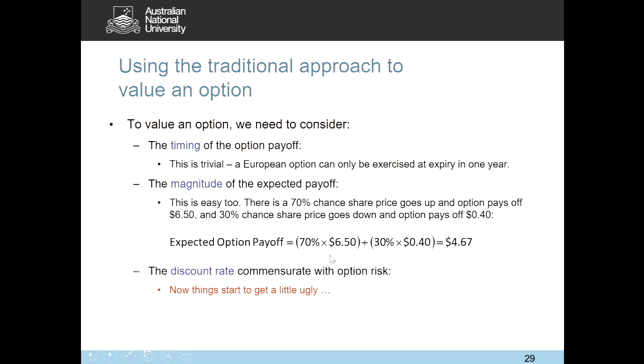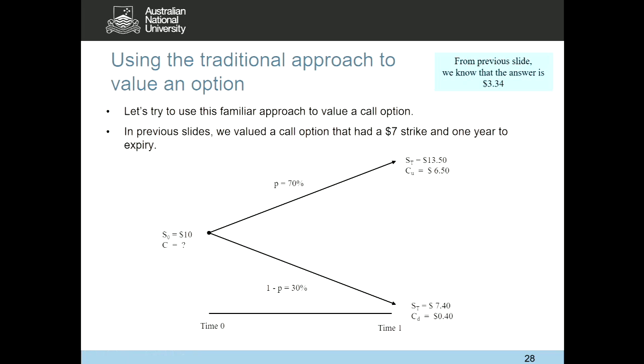So given the probability of those two events happening, we can work out the expected option payoff is $4.67, right? So that's what we learned from Foundations of Finance. Then all we need to do, just watch this mouse here, is discount the $4.67 back 1 year, right? Then we can get the call option price.